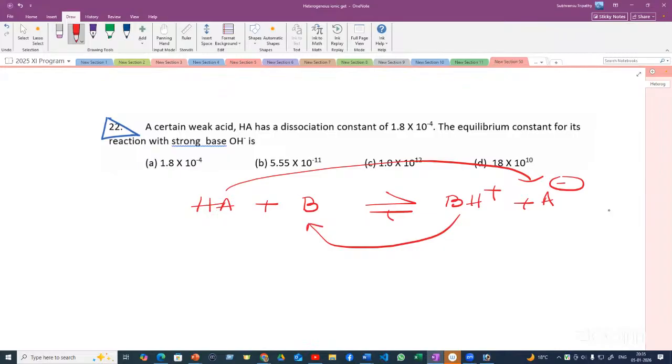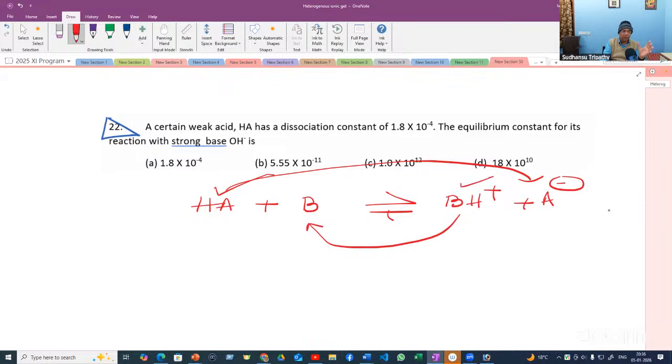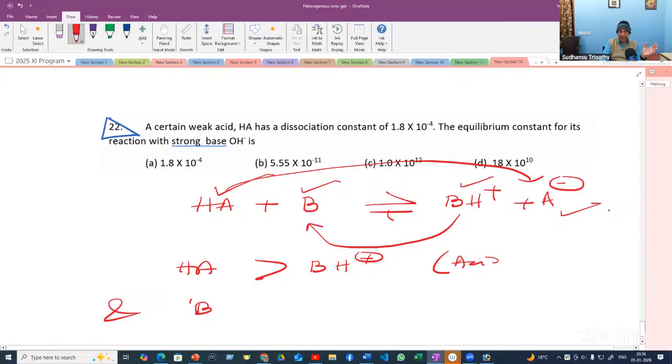So the fundamental principle to know in an acid base reaction is that a strong acid will displace a weak acid, or a stronger base will displace a weak one. Here B is a stronger base than A minus, and the acid HA is stronger than BH plus.